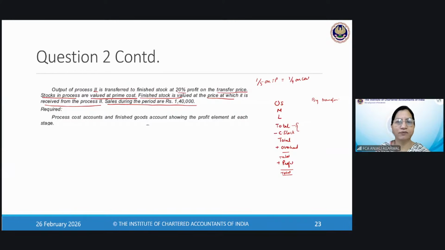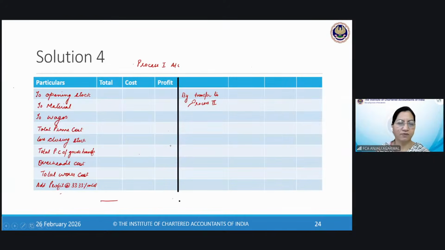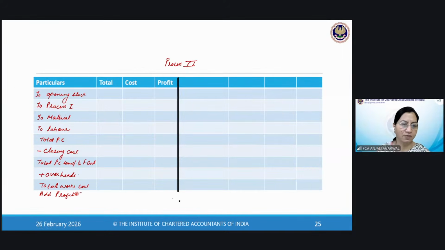Process 2 transfers to finished stock at 20% on transfer price, 1 by 5 on transfer price, 25% on cost, 1 by 4 on cost. By finished goods account.